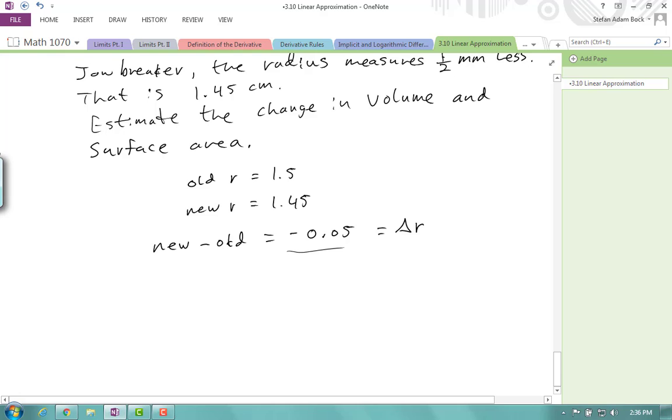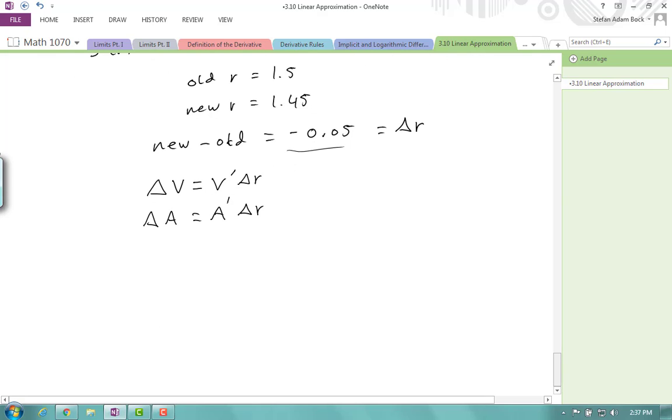And my differentials, first I'm going to do the volume, so delta V would be equal to the derivative of the volume multiplied by the delta r. And my surface area, my delta A, would be equal to the derivative of the area multiplied by delta r. So let's find out what these are.